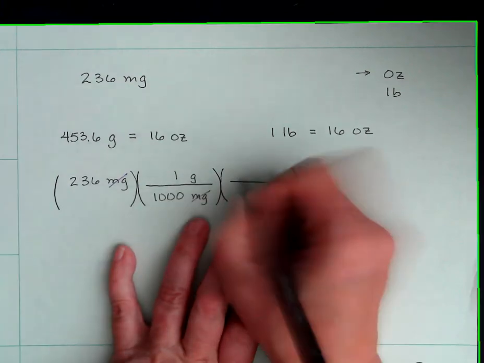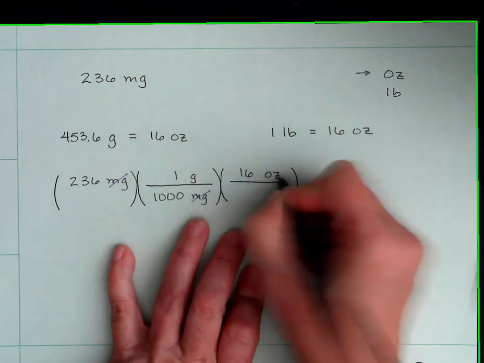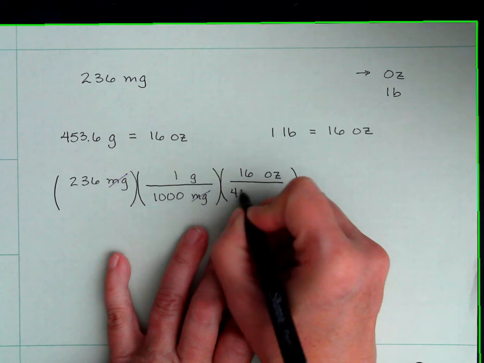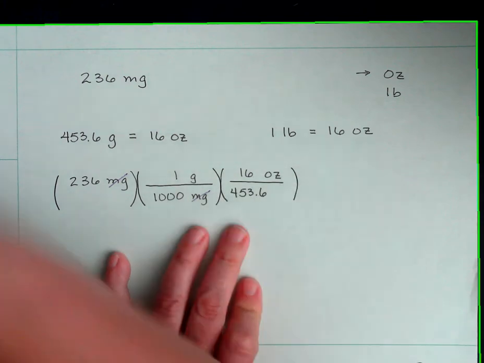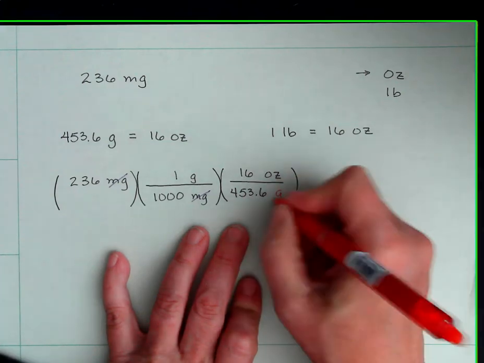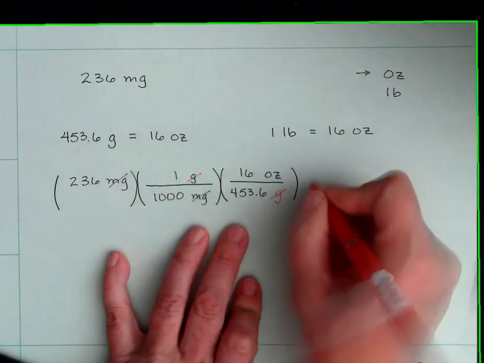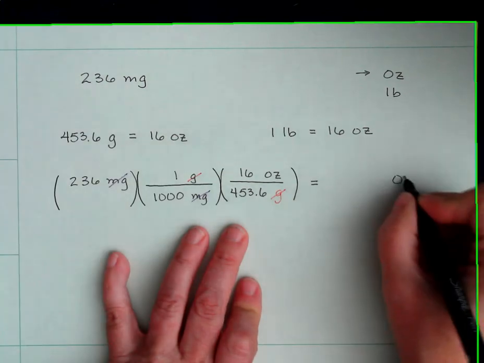So I'm going to have my 16 ounces on top, and that's going to be my ounces, and I'm going to have my 453.69 grams. I want to put this in red so we can see my grams cancel, and I'm ultimately going to have my answer in ounces.